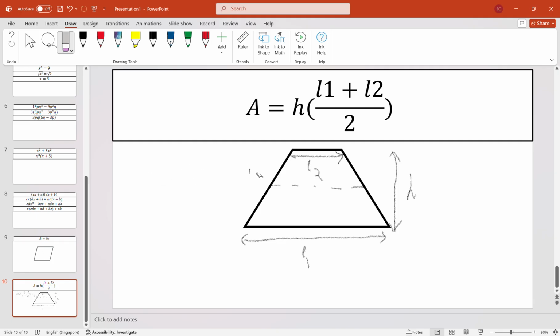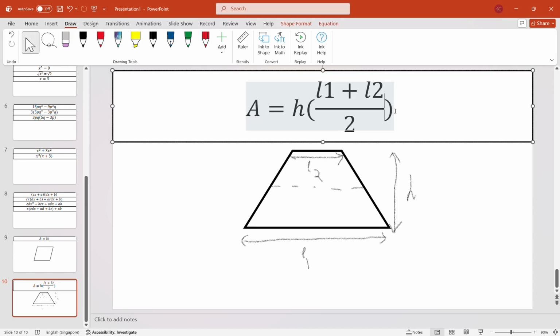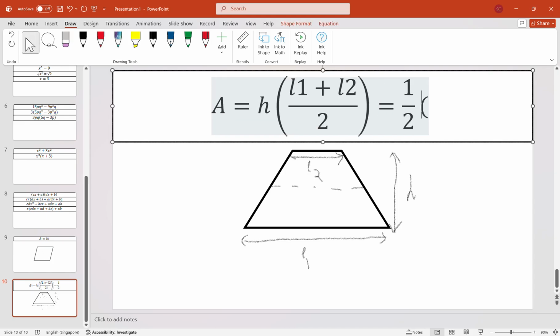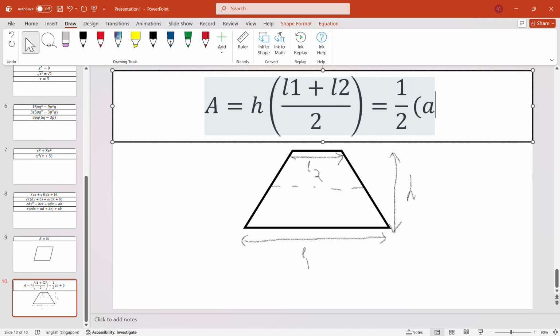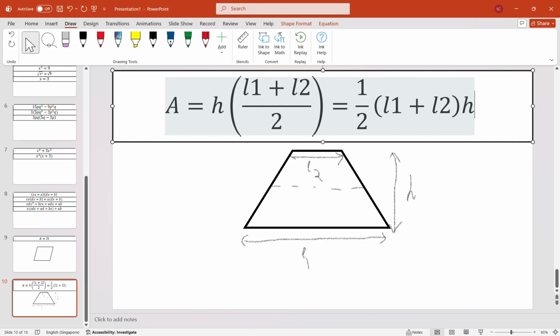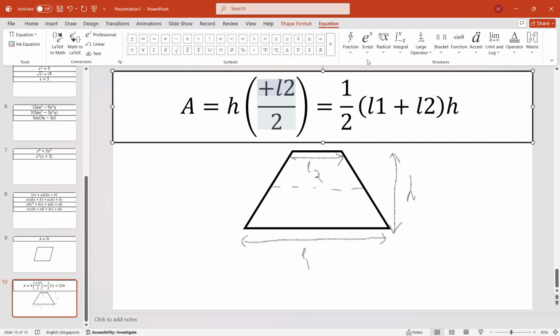Therefore, this is correct. You can also write it like 1/2 (a plus b), or (L1 plus L2) times h. Wait, I think there's a special function for subscripts, right?